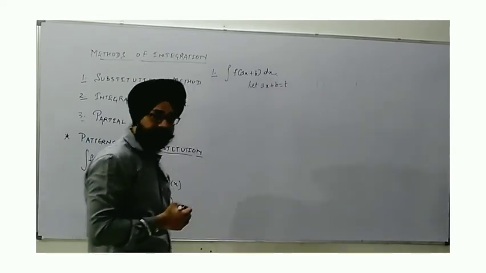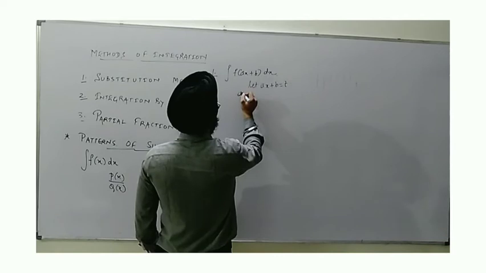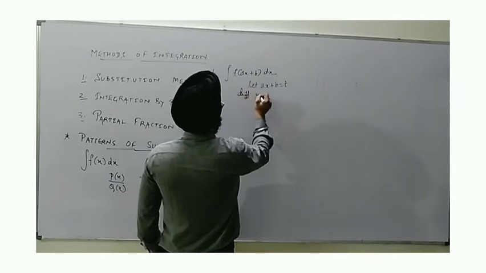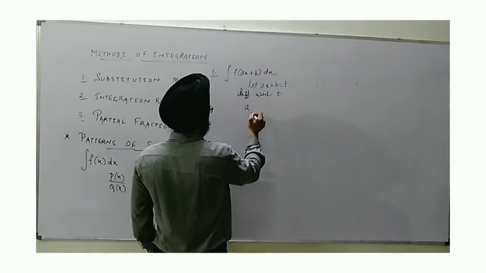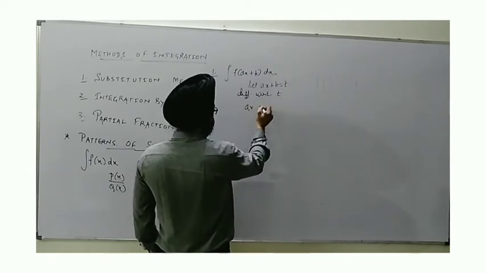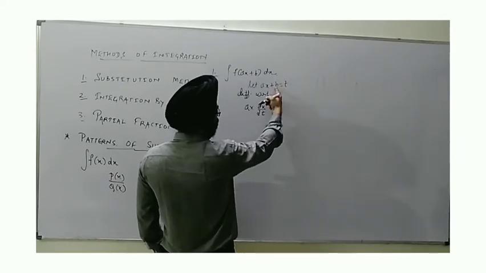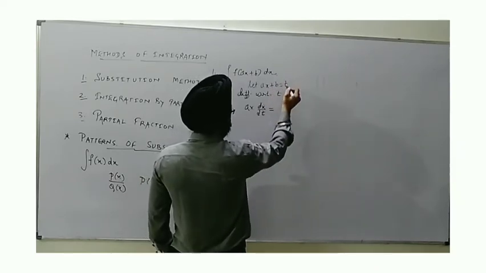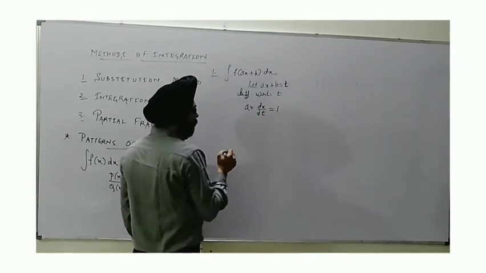If I differentiate this equation with respect to t, I see b is a constant, so that term becomes 0. So this will become a dx upon dt equal to, and the differentiation of t becomes 1.